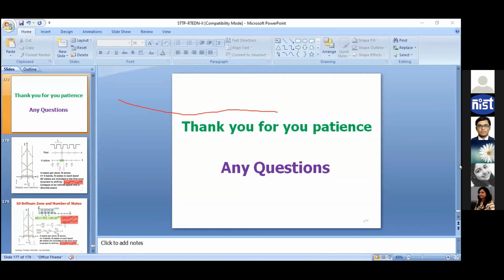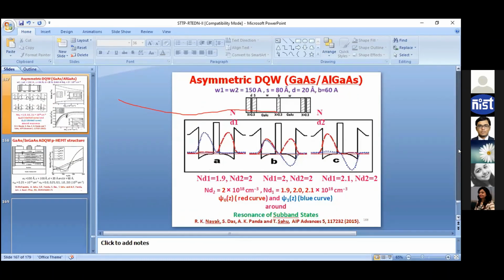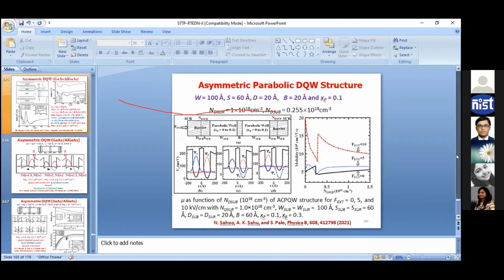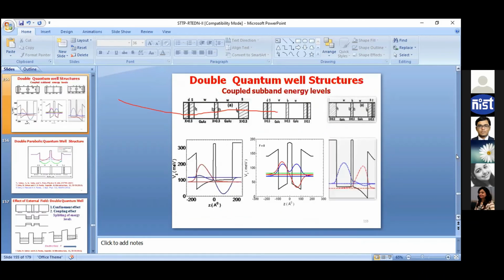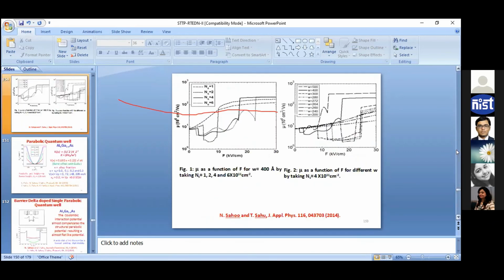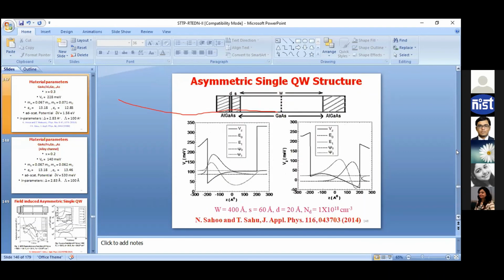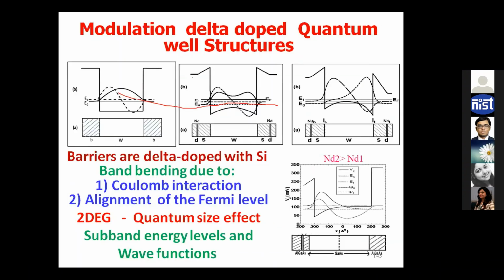So just to clarify your query, let me show this figure. It is a very basic thing, but undergraduate students ask this. Why is the wave function evanescent at the side wall of the well?